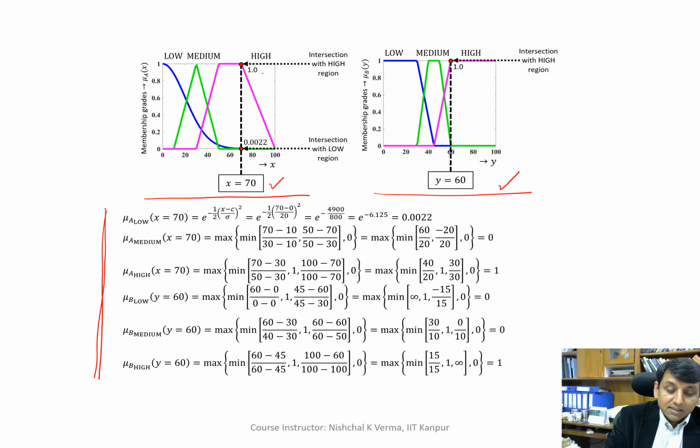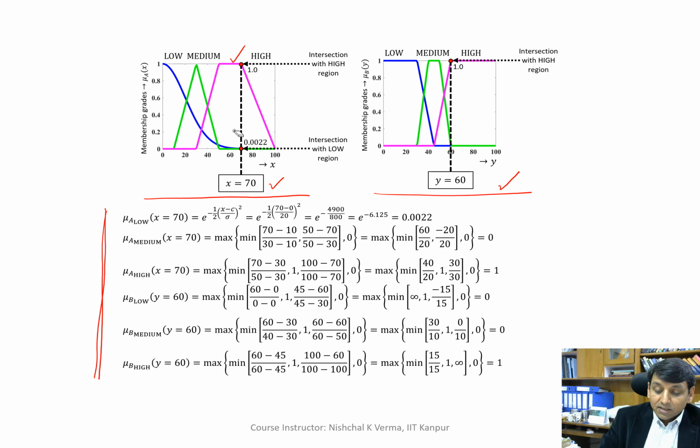The first fuzzy region is the high region, which is the high fuzzy set, and the other one is this low fuzzy region, which is represented by a Gaussian fuzzy membership function. The low fuzzy region's contribution here is very small. So there are two regions relevant for x is equal to 70.